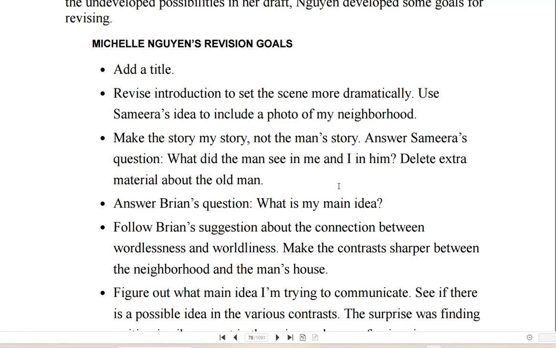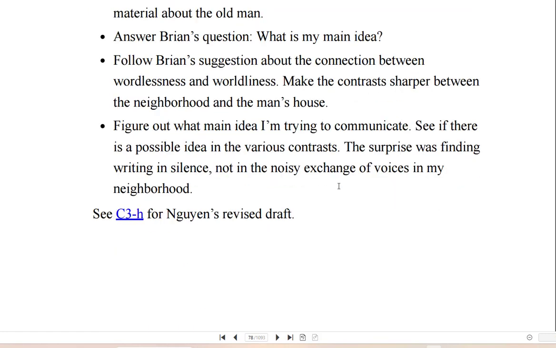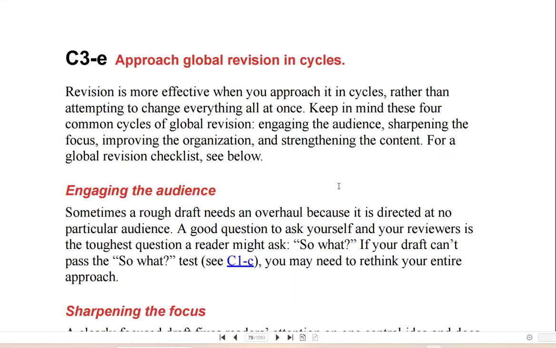Follow Brian's suggestion about the connection between wordlessness and worldliness. Figure out what main idea I'm trying to communicate and see if there is a possible idea in various contrasts. The surprise was finding writing in silence, not in the noisy exchange of voices in my neighborhood.